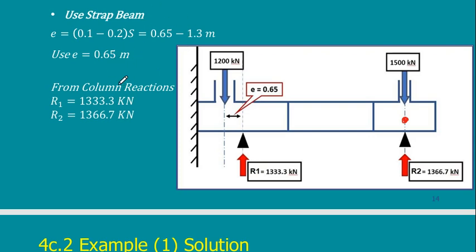So I managed to reduce the amount of equations. Instead of solving many equations, I'm just going to assume this eccentricity. So I assume a shift of about 0.1 to 0.2 of the spacing between columns. So now I know the exact location.